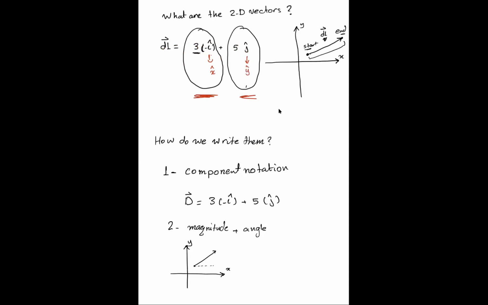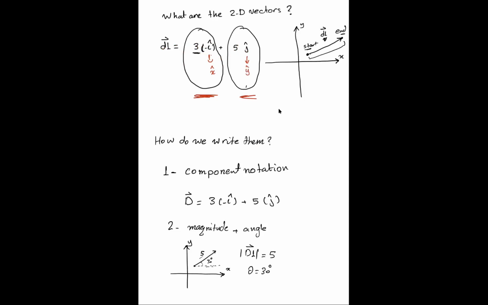So what we say in the magnitude and angle notation is that the length of this vector, for example, is 5, and it has an angle of 30 degrees from the horizontal axis, this one. And that's all we need to identify this vector. So we can say that this is vector D1. It has a magnitude of 5, and it has an angle theta, which is equal to 30 degrees.